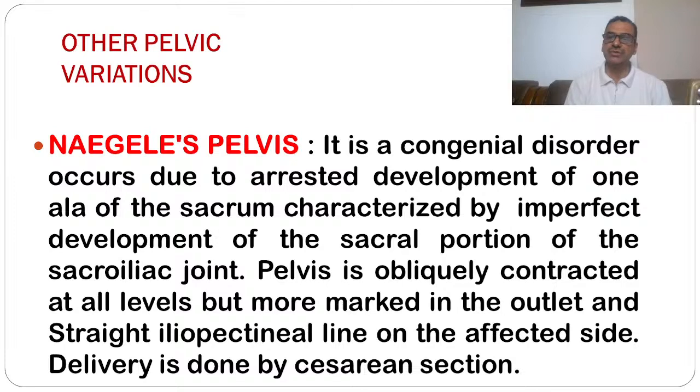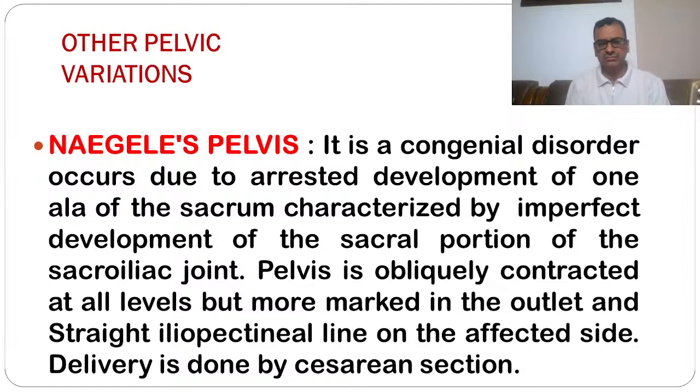What is Naegele's pelvis? It is a congenital disorder due to certain arrested development during fetal development. One of the ala of the sacrum is imperfect. Due to this, there will be an imperfect sacroiliac joint, and the pelvis is obliquely contracted at all levels, but more marked at the outlet.